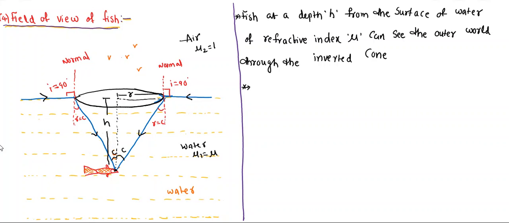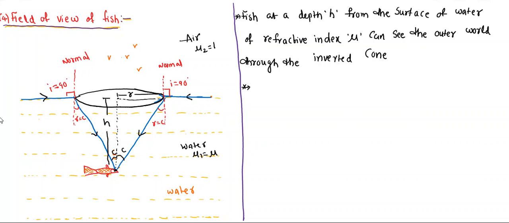For example, the light ray can be incident at a maximum angle of 90 degrees with the normal. Look here, this is the blue line. The blue line starts from the surface of water and goes like this, and finally reaches here after refraction.